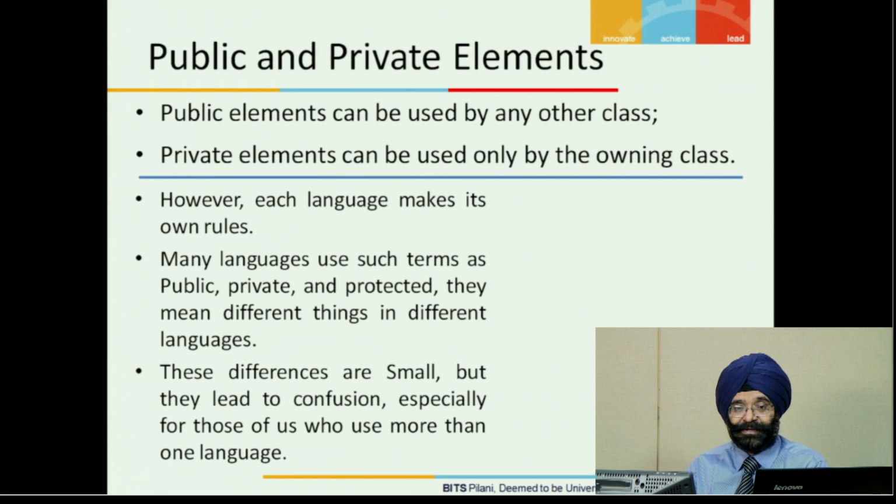Private elements are obviously secrets kept by an object. And the object's own methods would be able to access it. It would keep a record, and it would pass it on to other classes as and when necessary. Now, the fact is that various languages have got their own rules. C++ would behave differently. C# or Java would be having their own methods of handling.